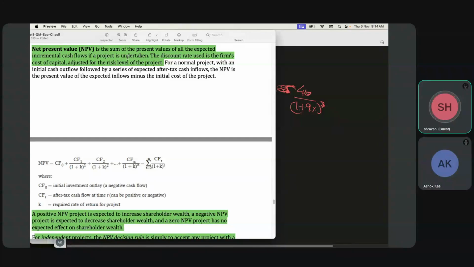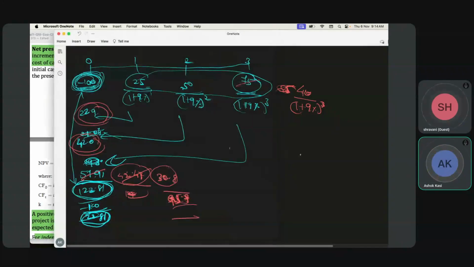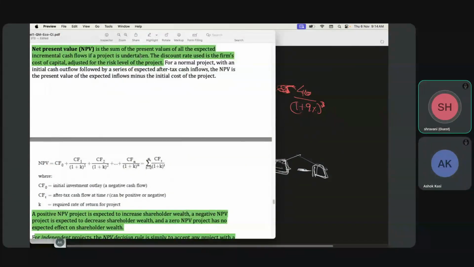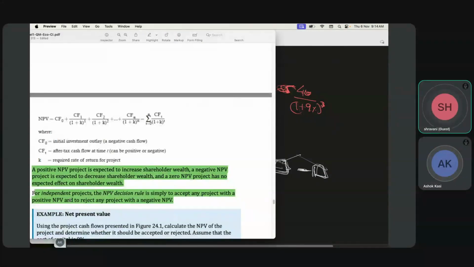So what are independent projects? Independent project means one project is not connected to another project. This is one project and this is another project, so these projects are independent. For an independent project, the NPV decision is simply to accept if positive.